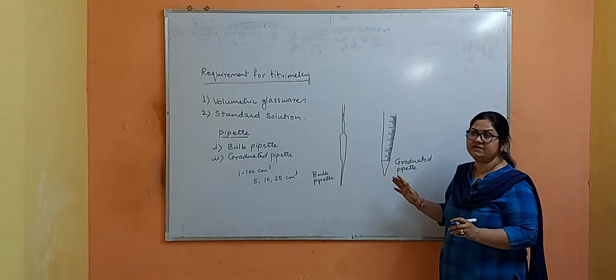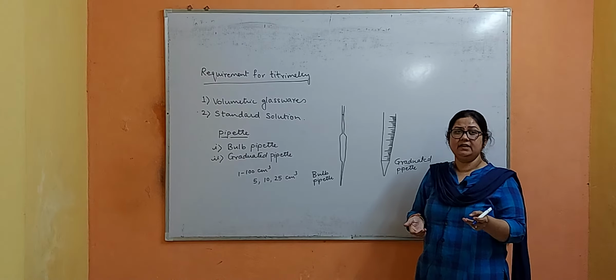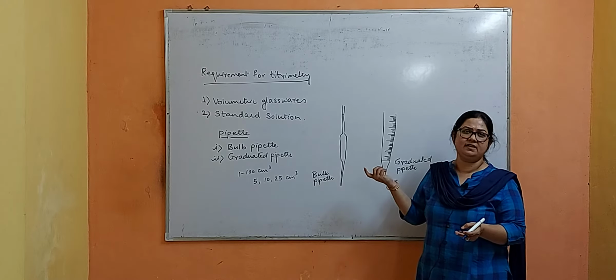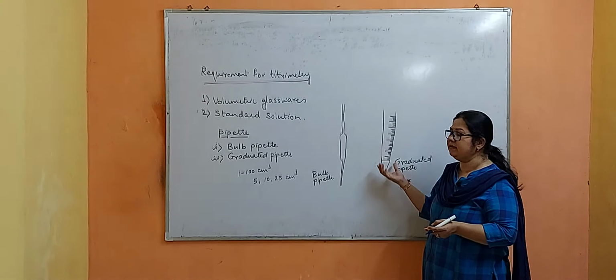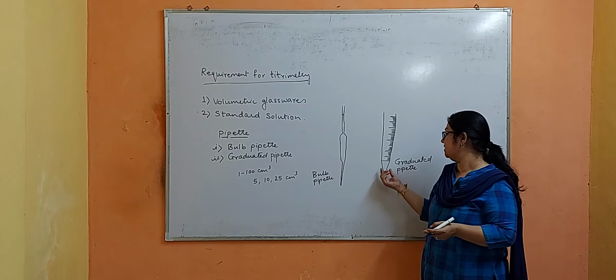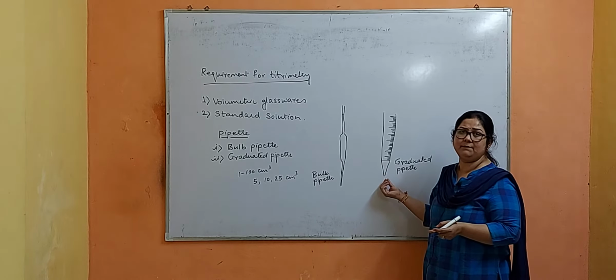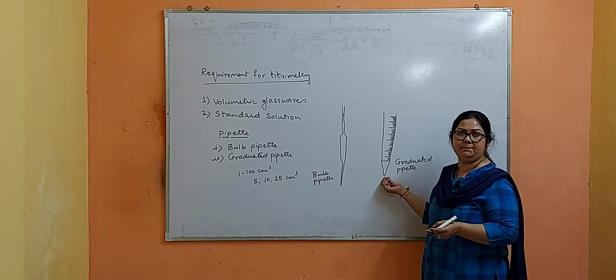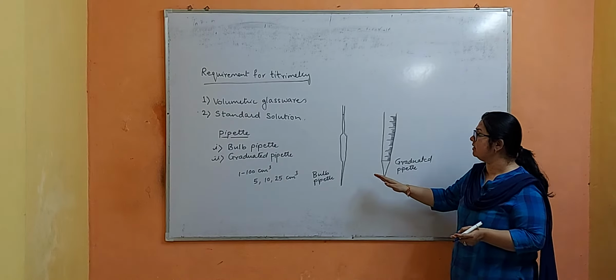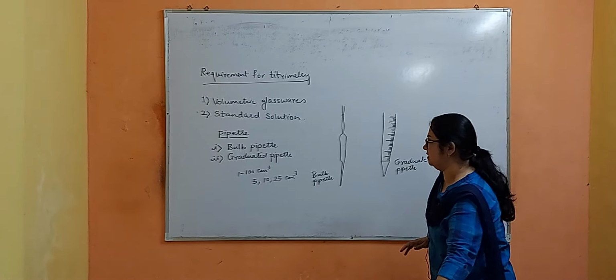Suppose it is a pipette of 10 and you wish to deliver 2 cm³, fine, you can deliver 2 cm³. Alright, and it is also a cylindrical tube which is narrowing at the tip or at the delivery end. It has got a fine delivery tip. Alright, so this was about the bulb pipette and the graduated pipette.